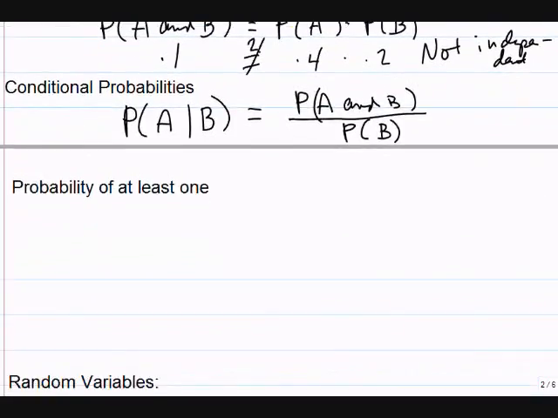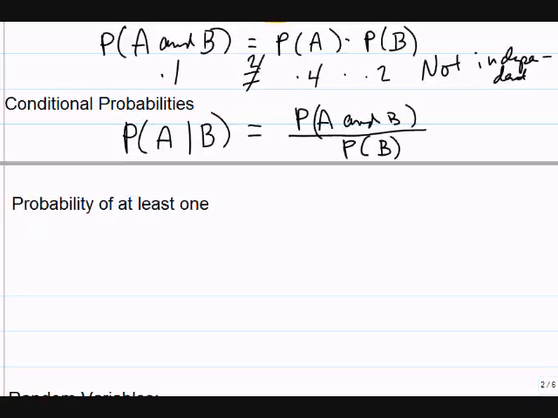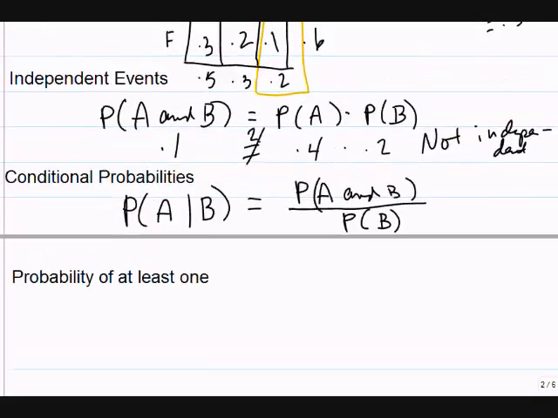Okay. Probability of at least one. Nice to remember that that is the same thing as 1 minus the probability of none. That'll buy you a lot. It's often asked on the AP exam.